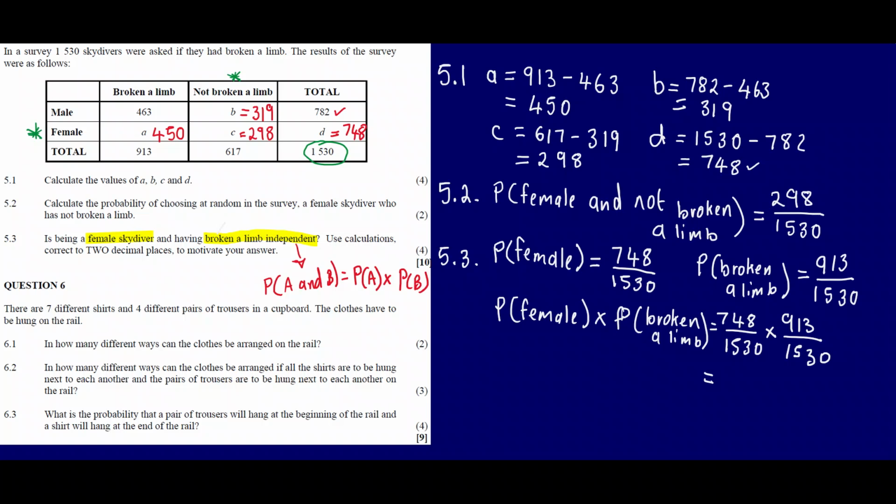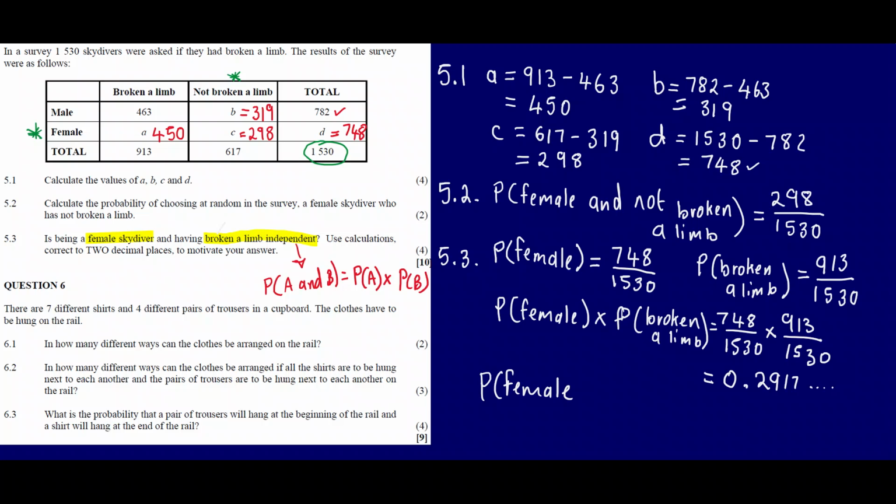Let's quickly multiply that to see what the answer is, and we will compare it with the intersection of those two probabilities. So the answer here is 0.2917 and so on.